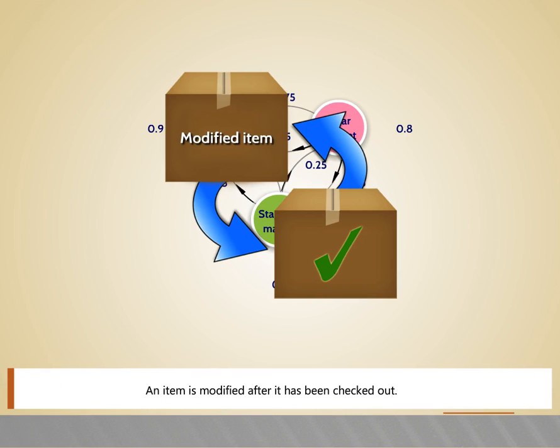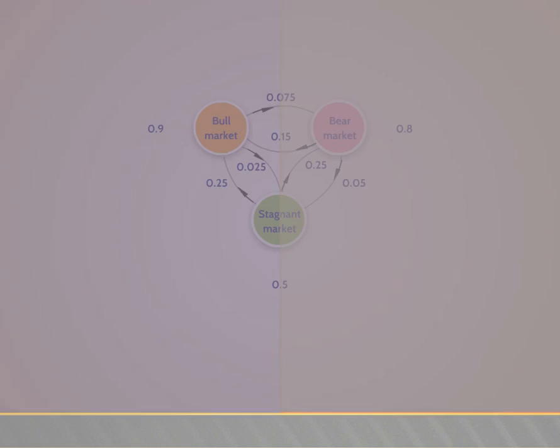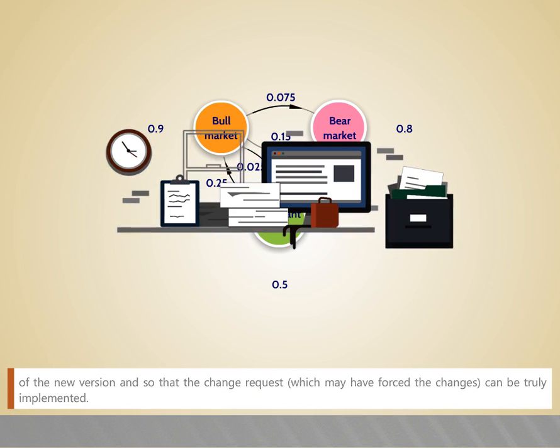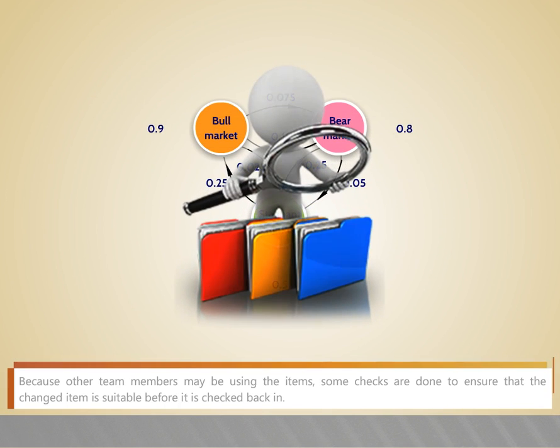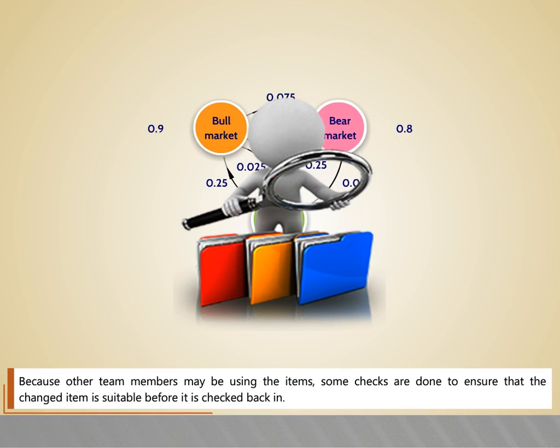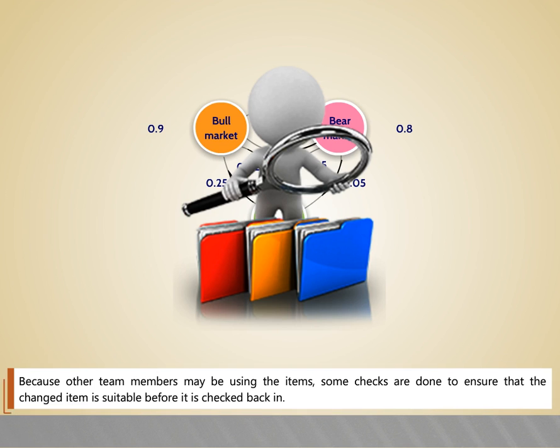An item is modified after it has been checked out. The modification must then be reflected in the controlled environment so that others have the benefit of the new version, and so the change request, which may have forced the changes, can be truly implemented. Some checks are done to ensure that the changed item is suitable before it is checked back in, because other team members may be using the item.